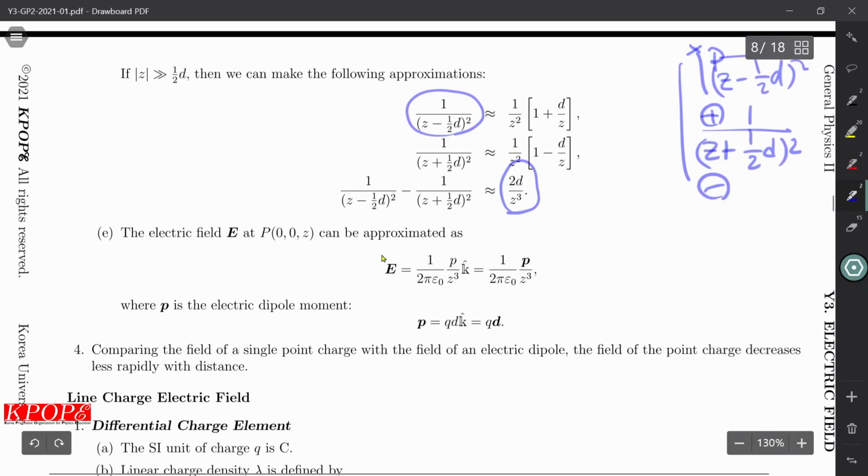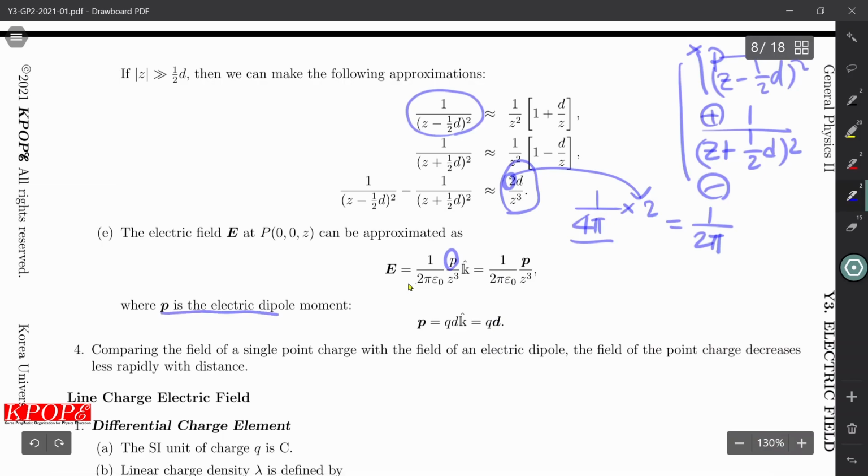Finally, the factor of 2 removes the Coulomb force's coefficient of 4 pi, and this factor of 2 makes it 1 over 2 pi instead of 1 over 4 pi. So we have 2 pi epsilon 0. P is the electric dipole moment. As I told you, it is Q times d.